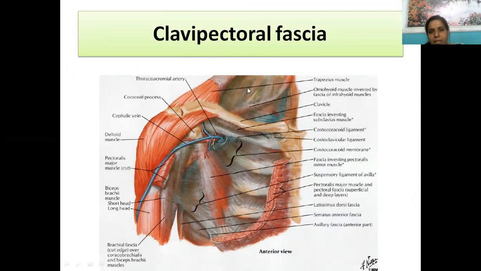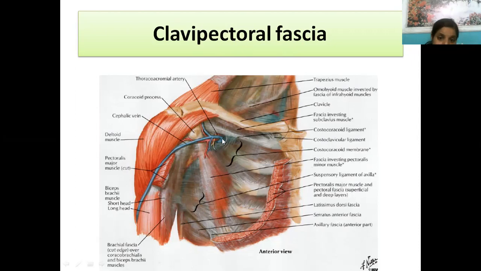Clavi means clavicle and pectoral means pectoral region. So this fascia is found below the pectoralis major muscle, because now you see pectoralis major is cut. Below pectoralis major, we have pectoralis minor, isn't it? So covering this pectoralis minor and subclavius muscle, we have a fascia. The name of this fascia is the clavipectoral fascia.